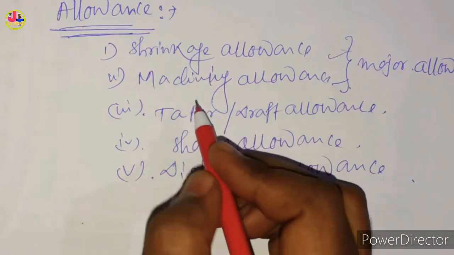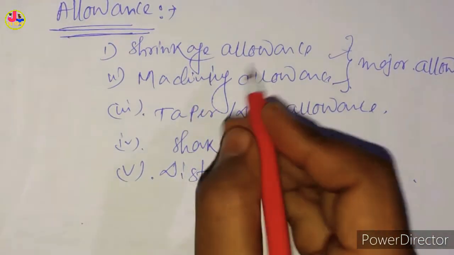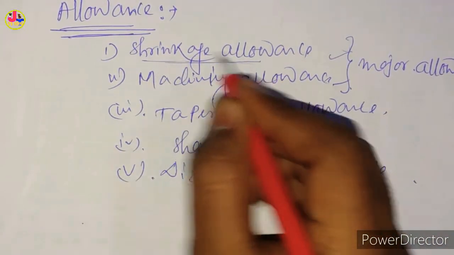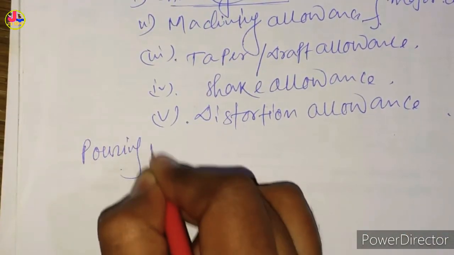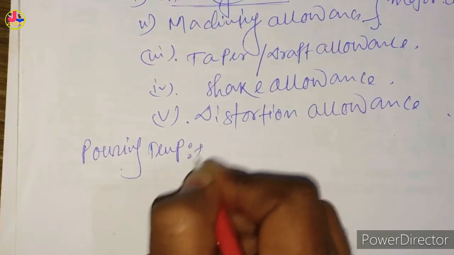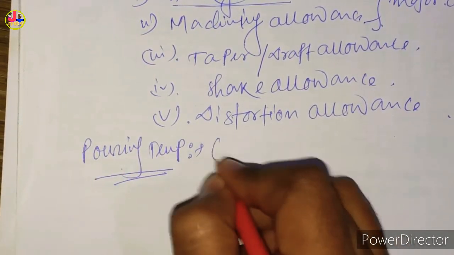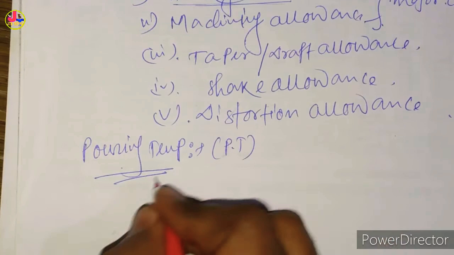Before discussing shrinkage allowance, we discuss pouring temperature. What is pouring temperature? Simply we can write PT.